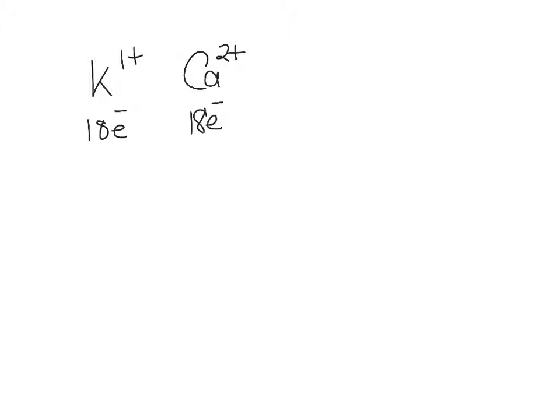If you form positive ions, so if you lose electrons, let's make this one then cations, okay? Positive ions. Cations lose an electron or lose electrons.